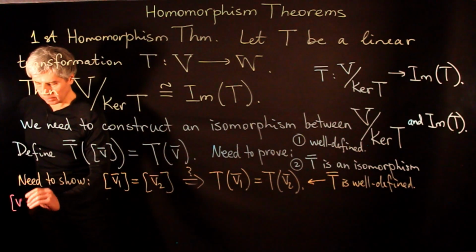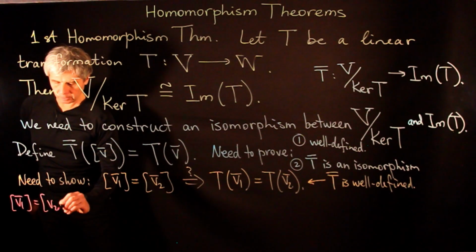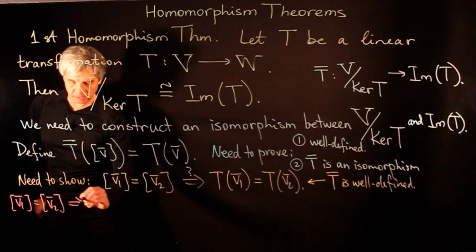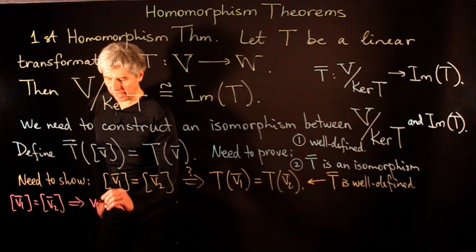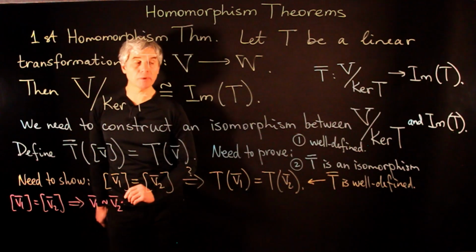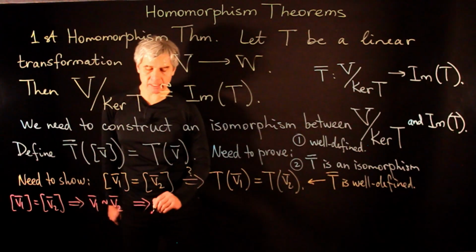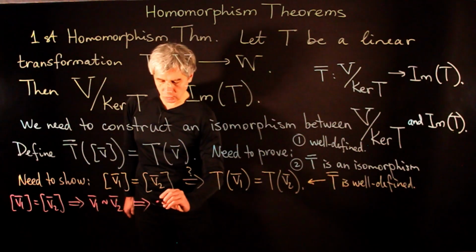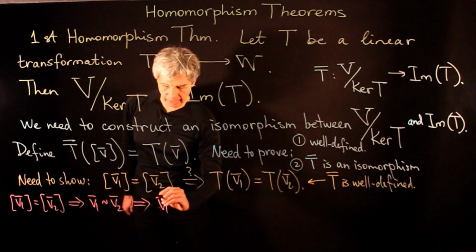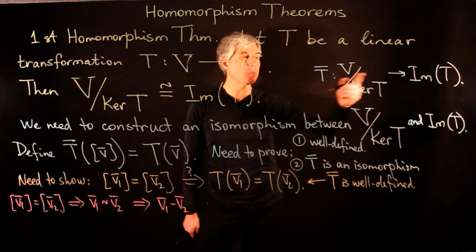So what does it mean that these two equivalence classes coincide? Well, this means that these two vectors are equivalent to each other with respect to our equivalence relation. And this says that the difference between these two vectors, v1 minus v2, belongs to our subspace that we quotient out.